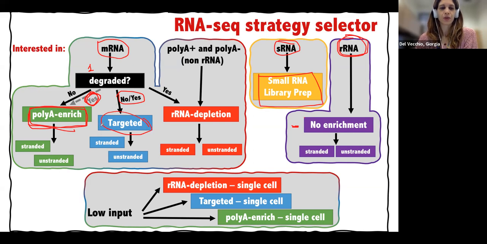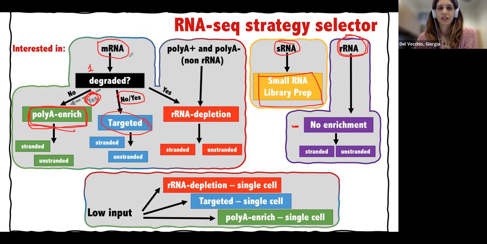So you are just selecting the exons and you don't need that much coverage during the sequencing part. So the targeted is the most expensive approach compared to poly-A or ribosomal depletion, but then it will save you money during the sequencing.